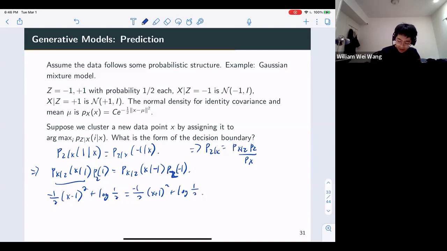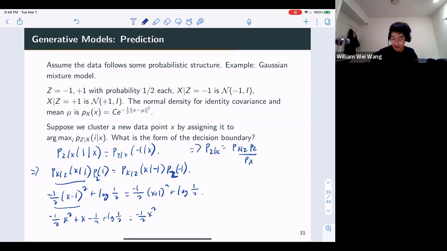And we can see here that this is actually going to equal -1/2 x squared. If we write this out, then it's going to be plus x, minus 1/2, plus log 1/2, equals... sorry, I forgot this negative sign.